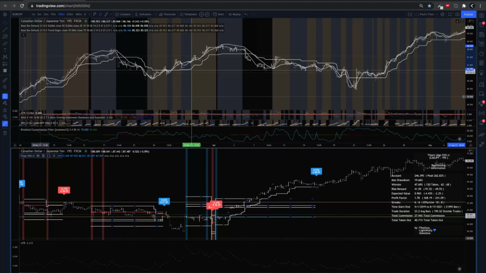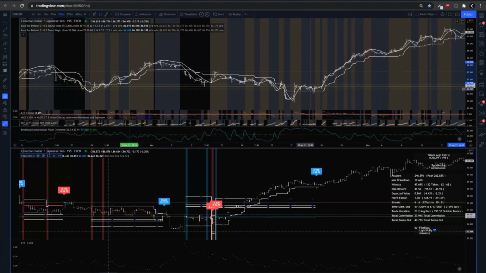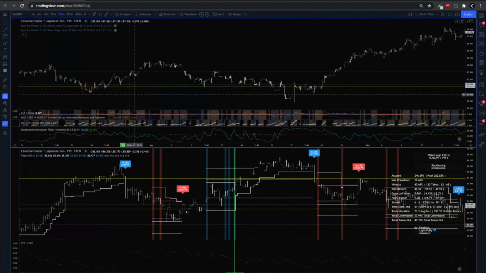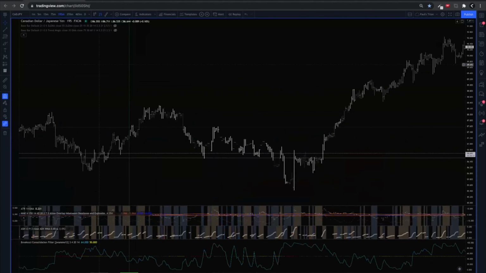So the first thing, when I'm picking a chart, I try to find a time frame where the price action is nice and even. I'm going to give you an example here of where things get really dicey.